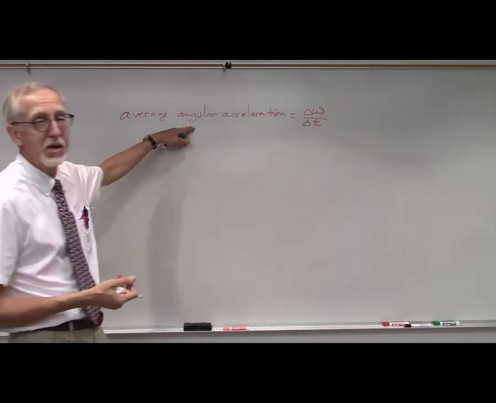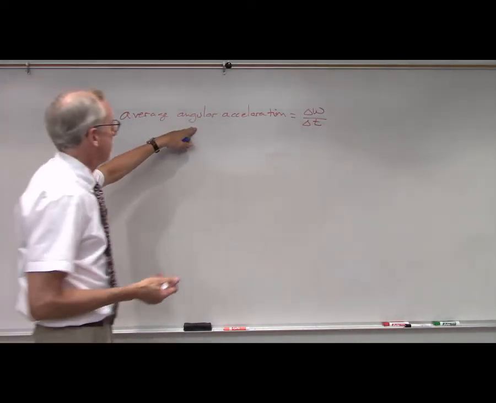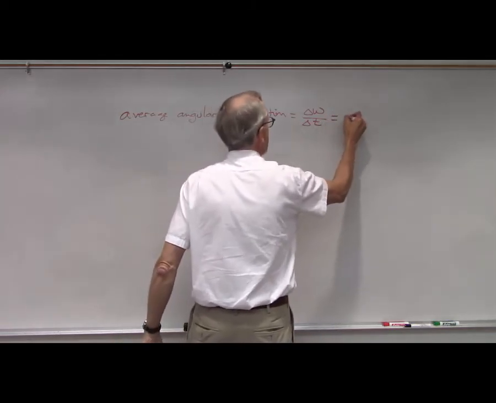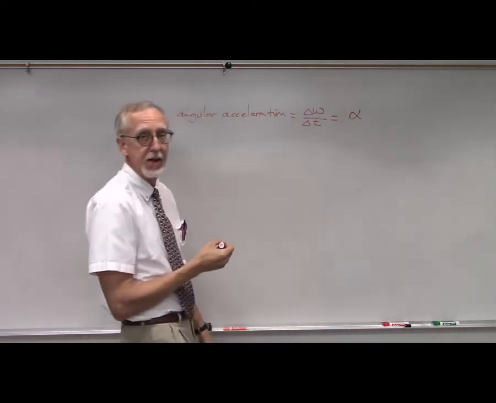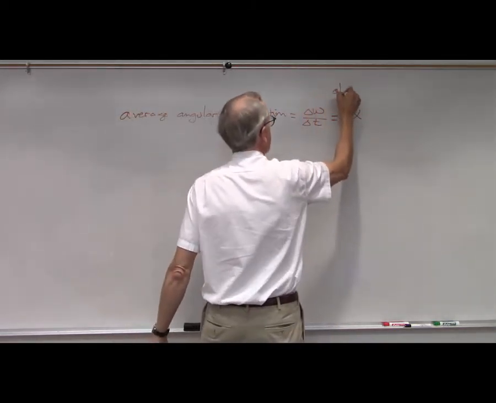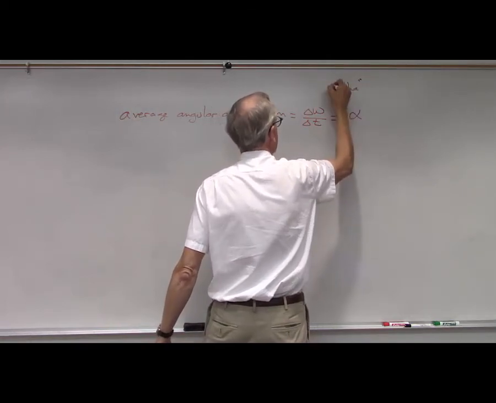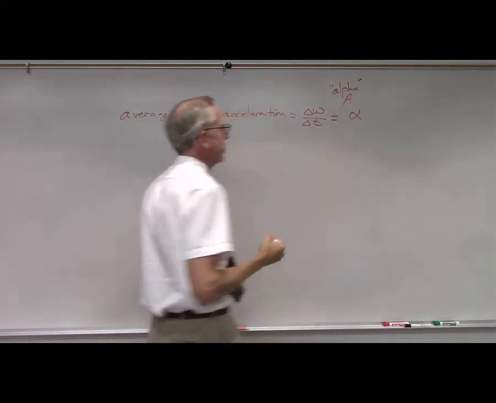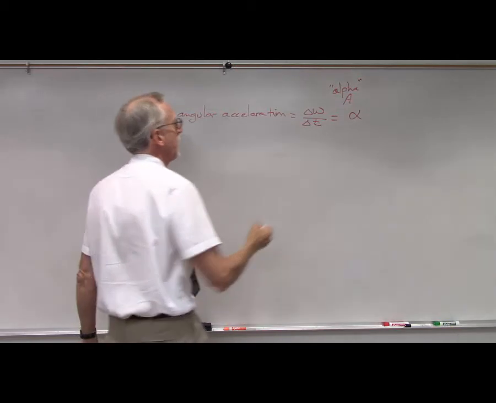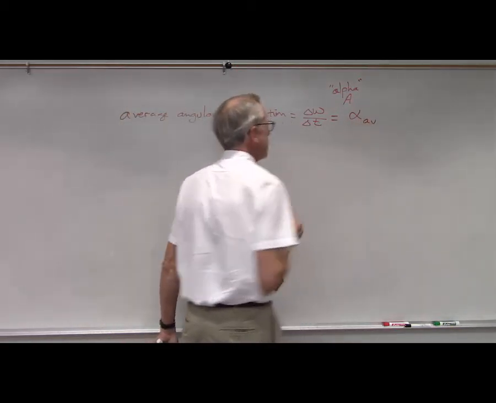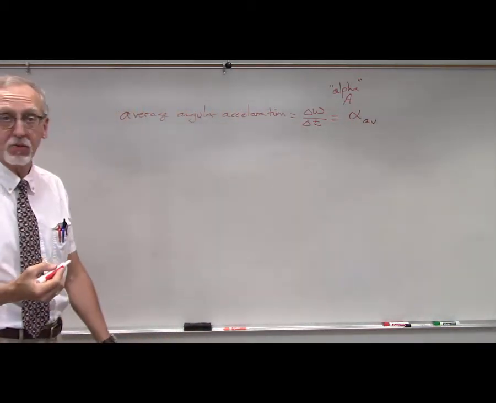Again, we're going to use a Greek letter to represent angular acceleration, a lowercase Greek letter alpha. Capital alpha just looks like a capital A. And again, to emphasize, this is an average value, subscript AV.